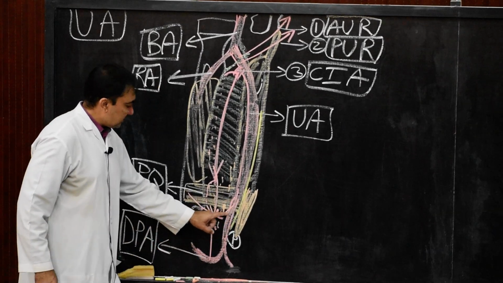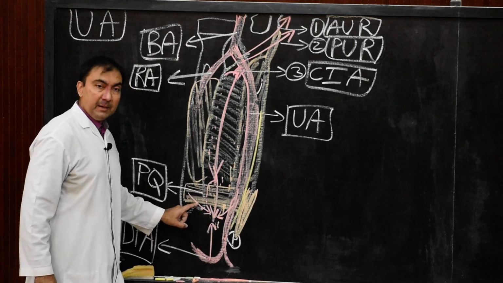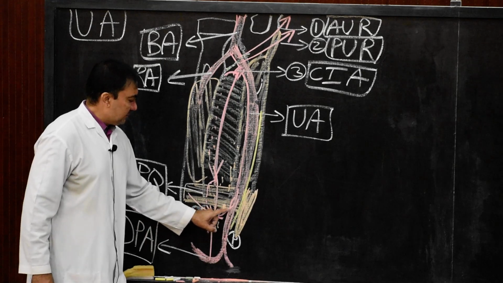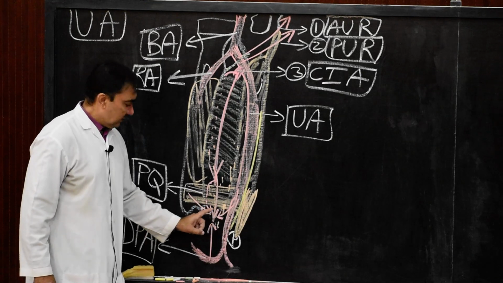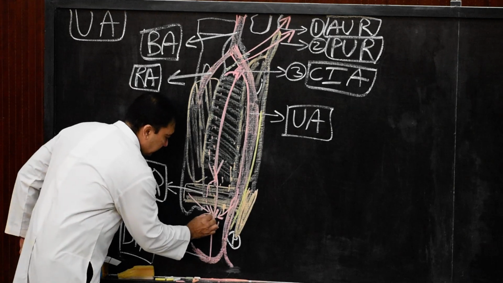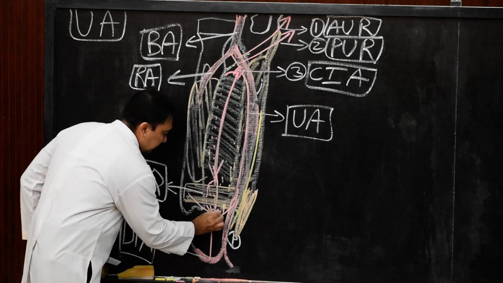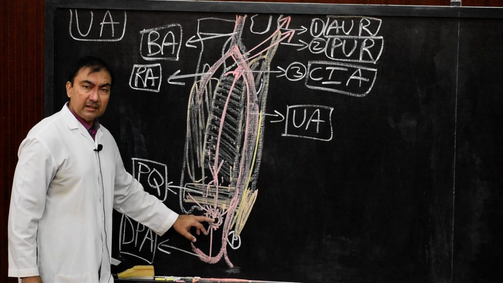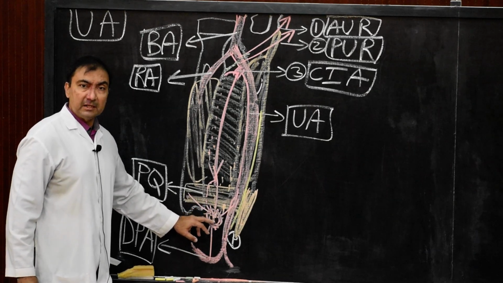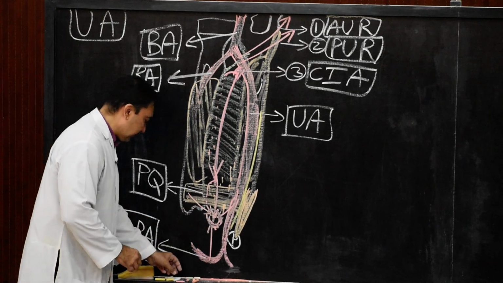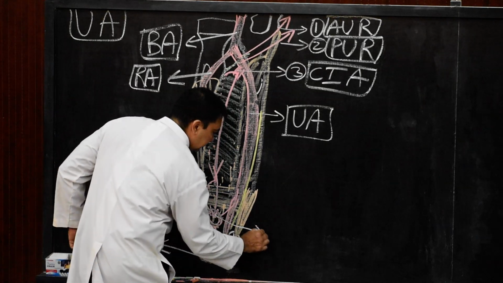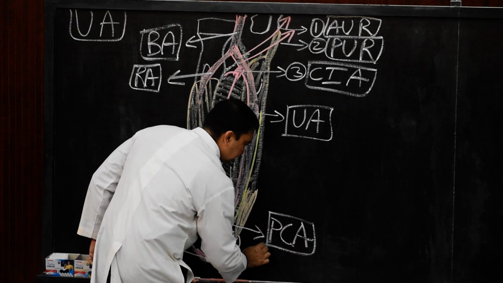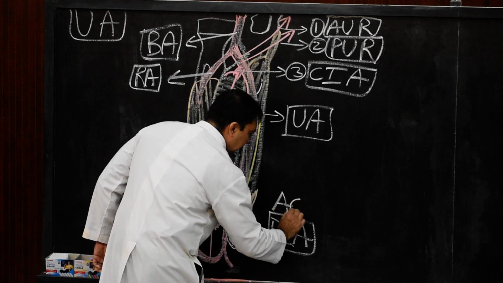These two branches are the palmar carpal branch of the radial artery and the palmar carpal branch of the ulnar artery. So this anastomosis formed in front of the lower end of the radius and ulna is called the palmar carpal anastomosis, palmar carpal arch or anterior carpal arch. And here we are going to mark this as the palmar carpal arch, or it is also known as the anterior carpal arch.